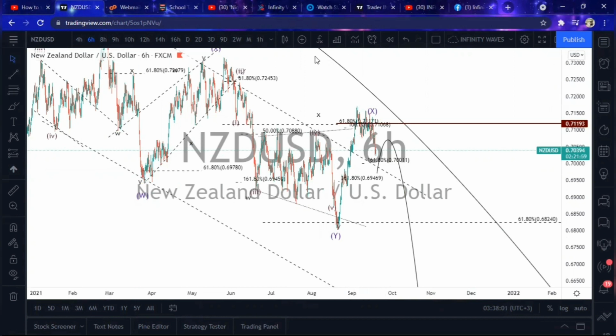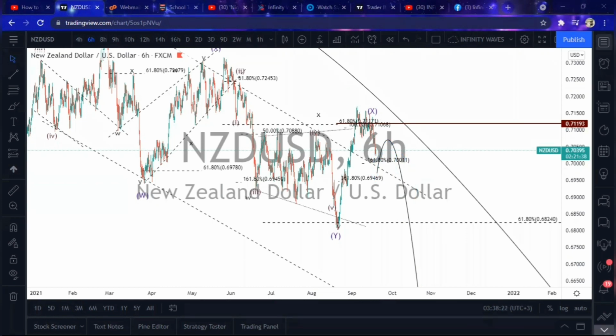So for NZD USD, we are waiting for this move to come around these regions, then do a bit of an incline, an upline, then for the next drop down. So wait for this move to come down here, go up a bit, then for the next drop down.